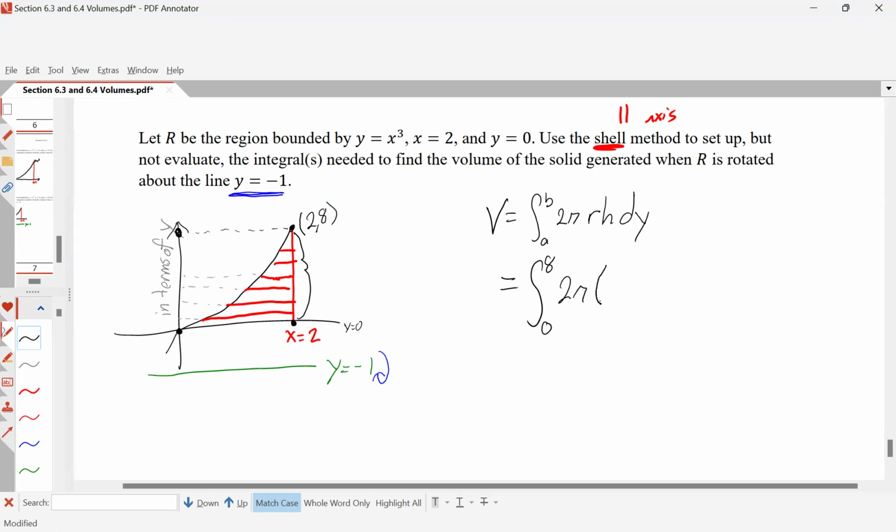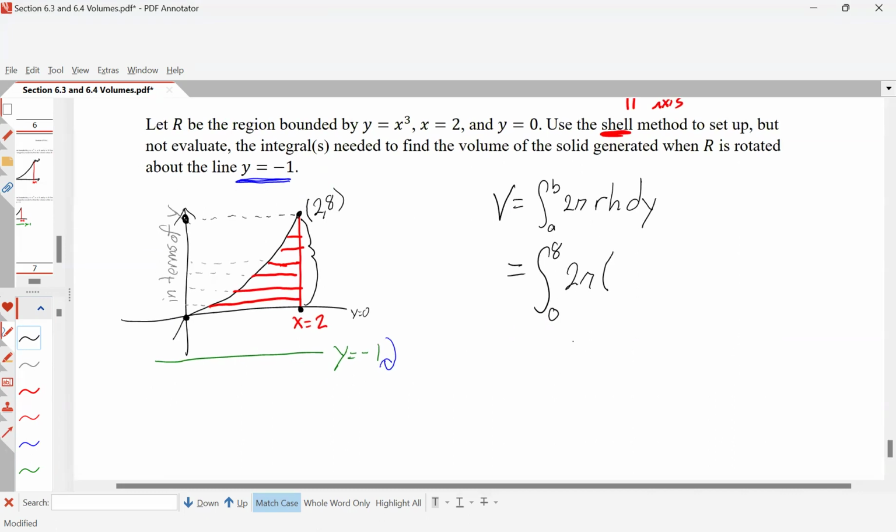And now the radius. When I plug in that lower bound of 0, we want our radius to be 1 because we're trying to get from -1 up to the x-axis. So when y equals 0, we want r to equal 1.